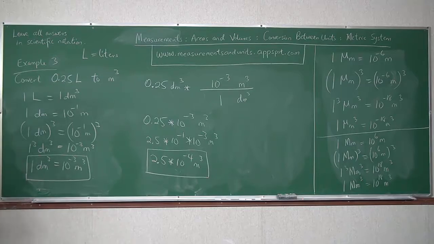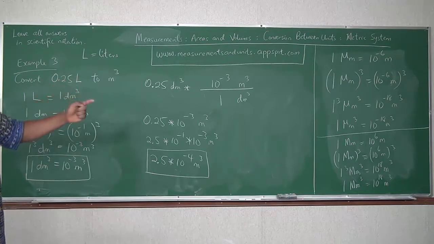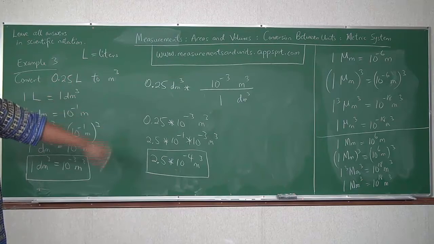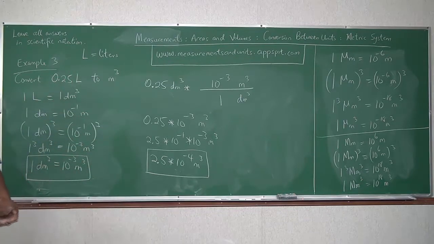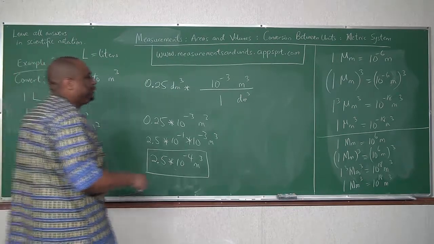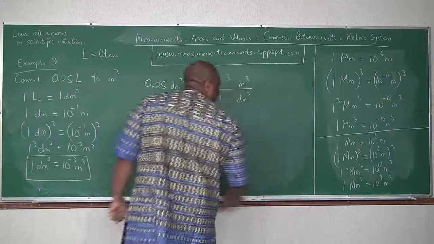Pretty straightforward, right? Okay. Now let's convert 0.25 micrometer cube to megameter cube.